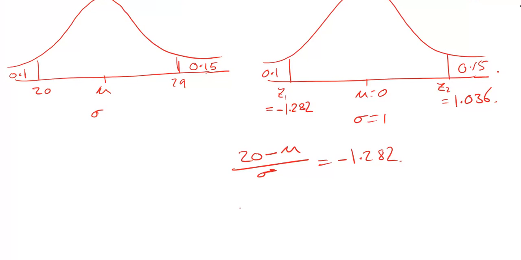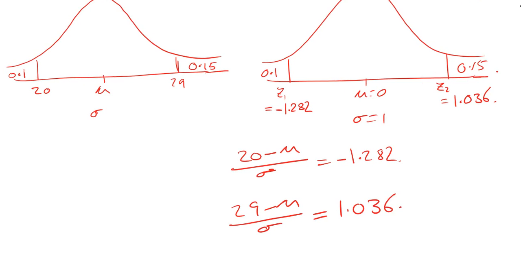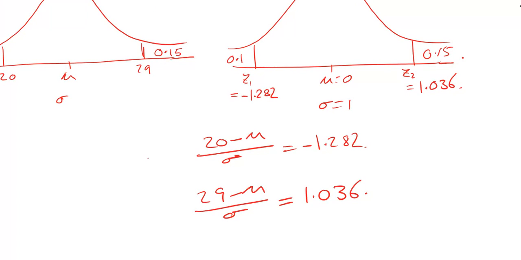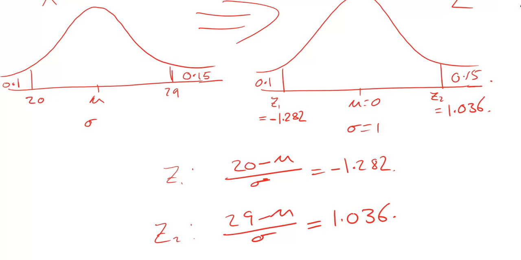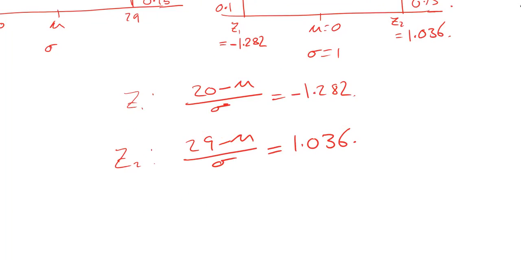We can say that 29 minus the mean divided by the standard deviation is 1.036. So I've got one from Z1 and I've got one from Z2. It's that same mapping from one diagram to the other that's helping us to do that. So from here, you probably know what you've got to do. We've got to work this out using simultaneous equations.